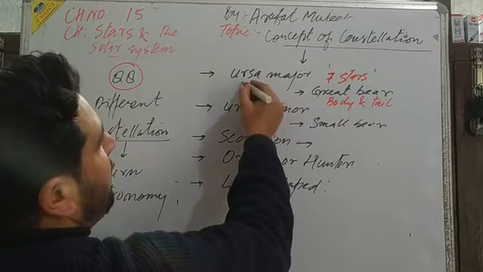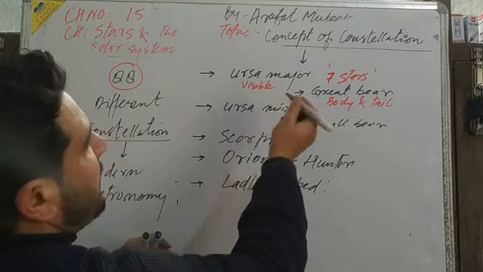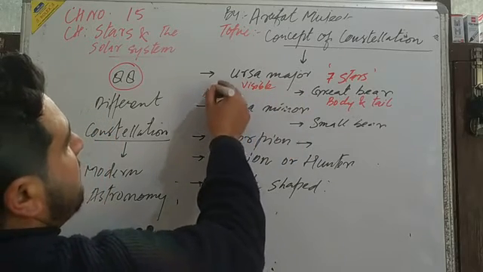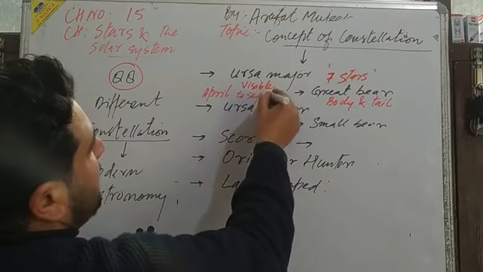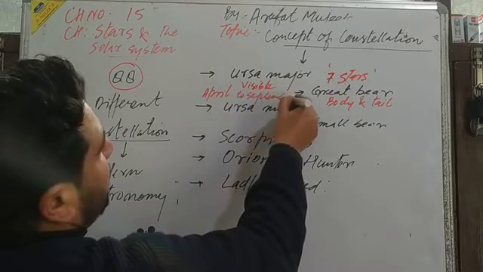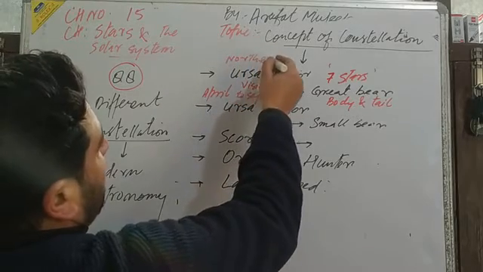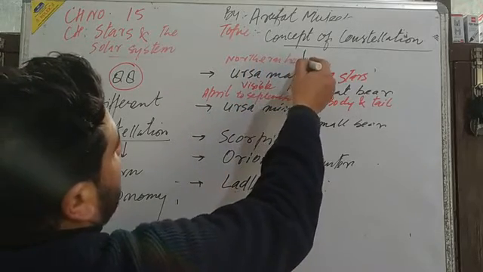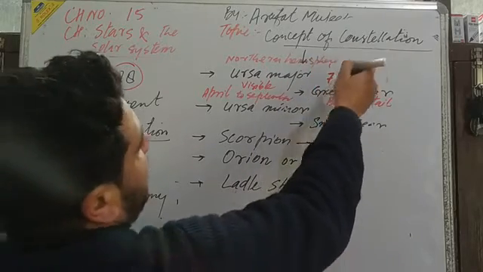This Ursa Major is prominent in the sky, और ये appear होता है in the months from April to September in the northern hemisphere. Northern hemisphere में हम इसको recognize करते हैं during the summer season.